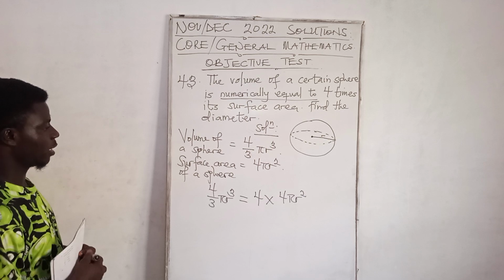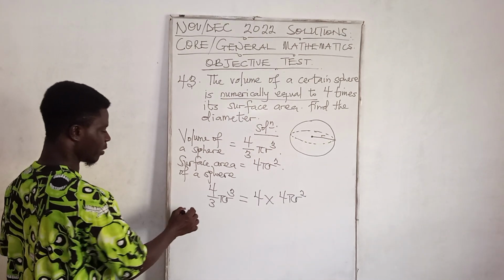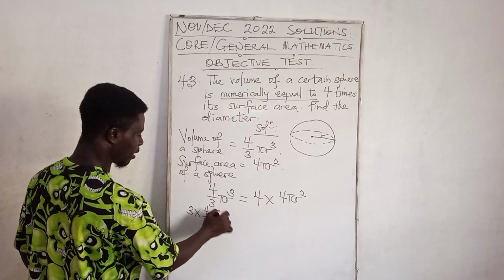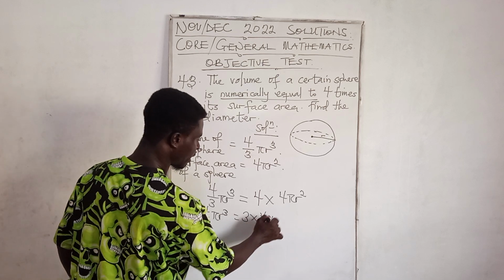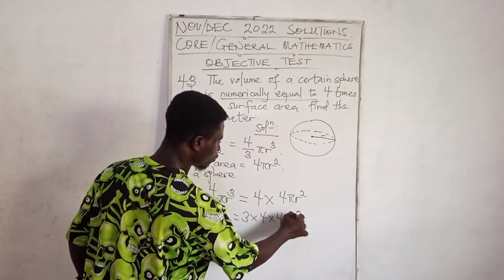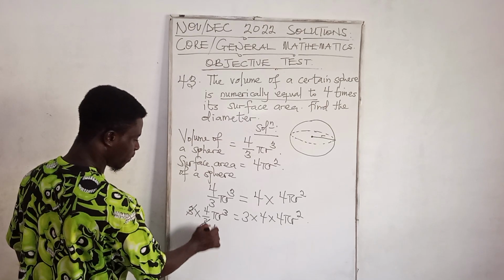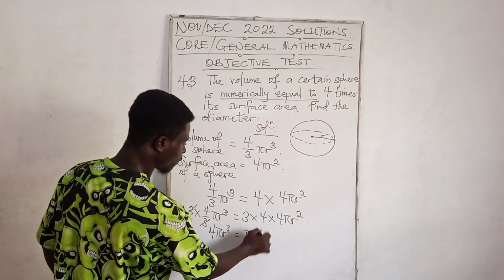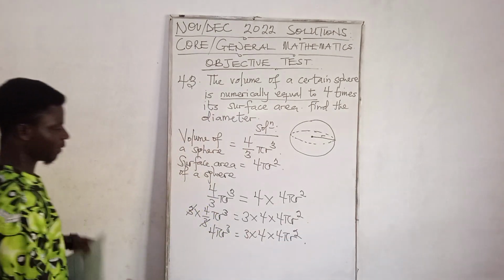Right? So now what can we do here? Let's multiply by the LCM, which is 3. So I have 3 times 4 over 3 pi r cubed equals 3 times 4 times 4 pi r squared. So this cancels that, and I have 4 pi r cubed equals 3 times 4 times 4 pi r squared.